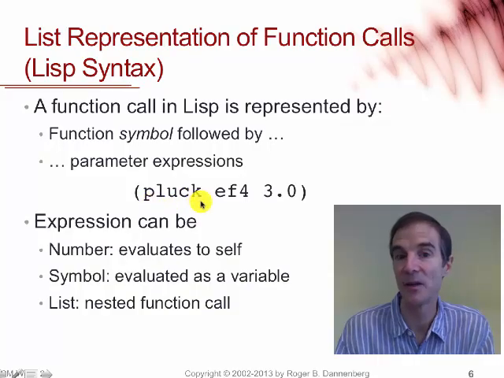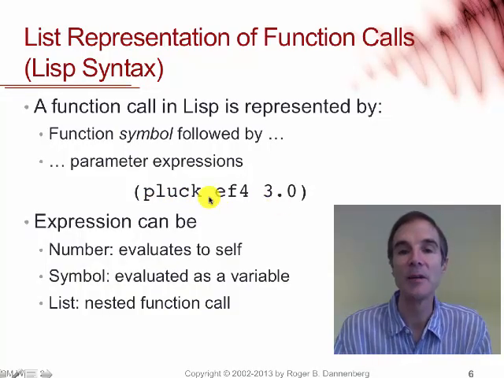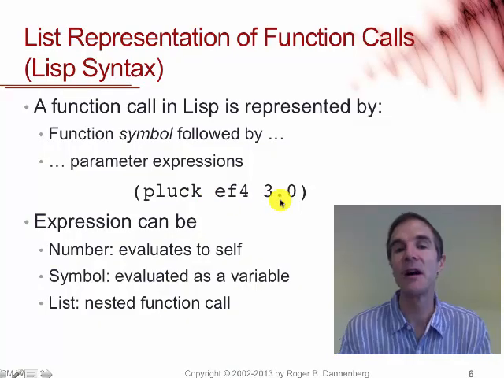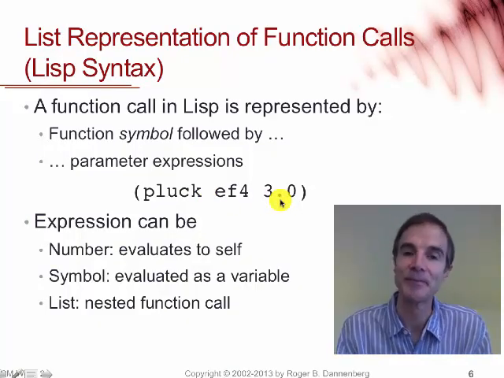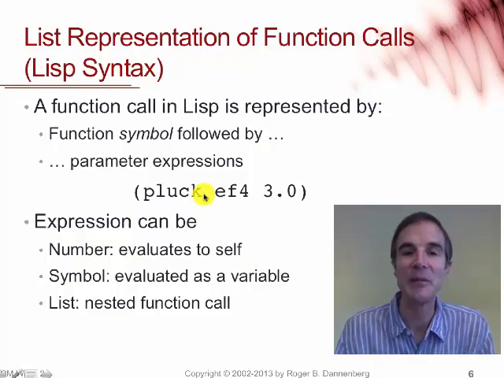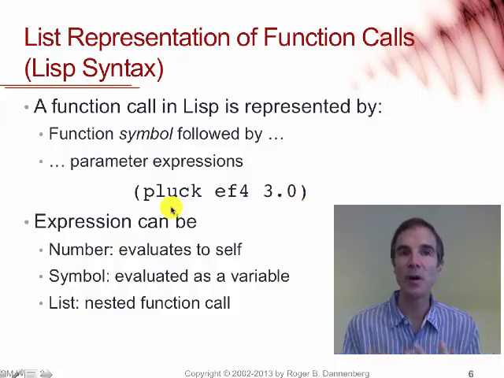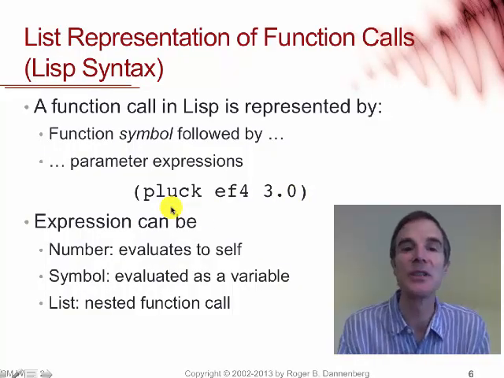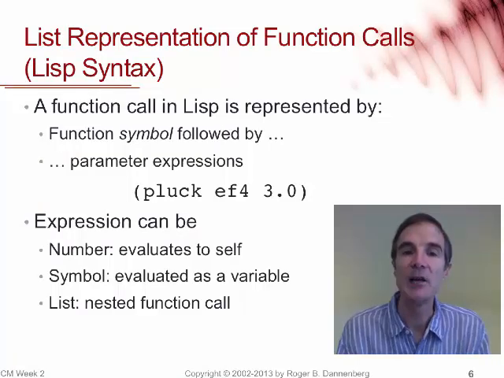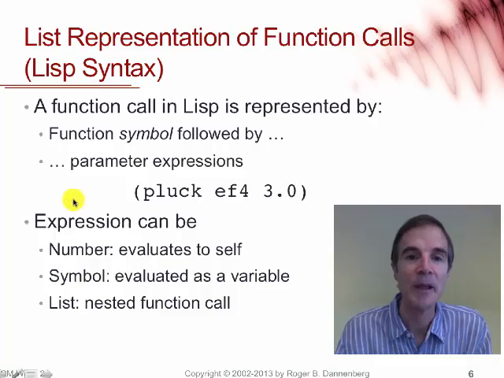For example, here we have a call on pluck with 2 parameters, and the parameters are just the following elements of the list. Okay, it's very curious. Until you get used to it, it can be very confusing. But this is what a function call in Lisp looks like. And because we want scores to be data structures, we're using the same representation for scores.